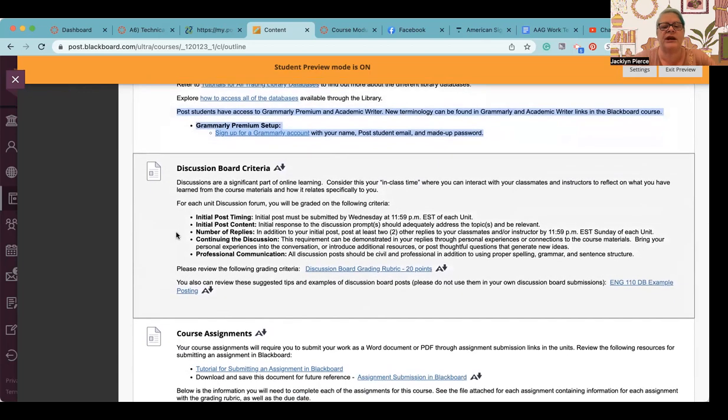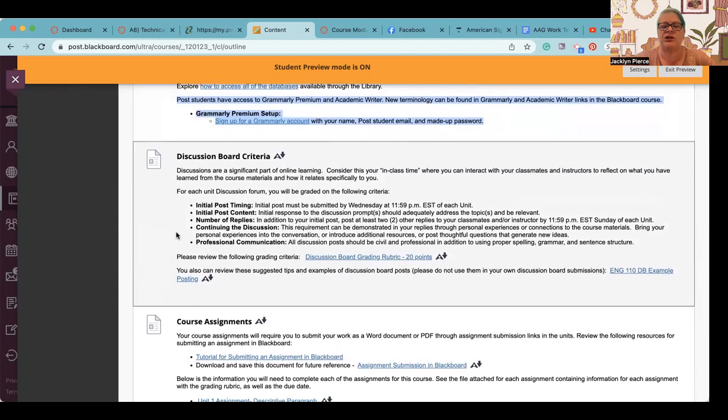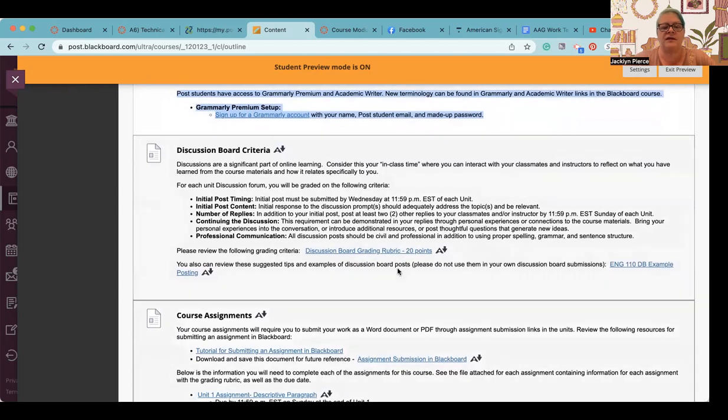Discussion board criteria: you will have a discussion board, as I mentioned, all 8 weeks. This is the overall overview of what the expectations are in a discussion board for ENC110. This week and the final week are a little bit different as far as the schedule goes.